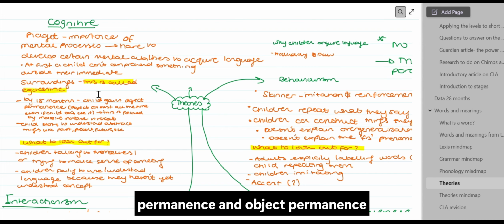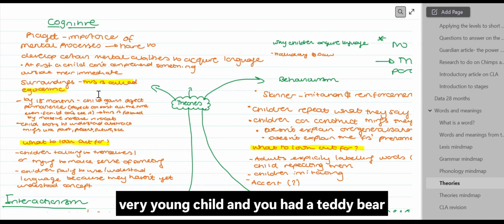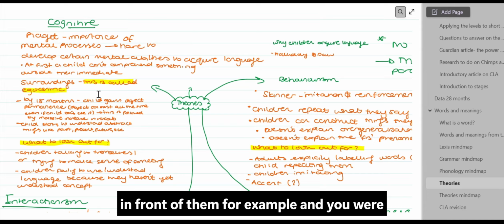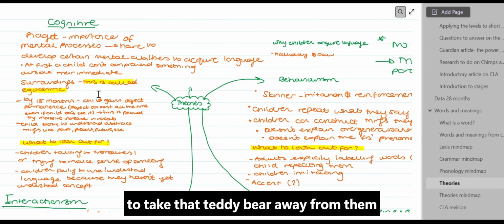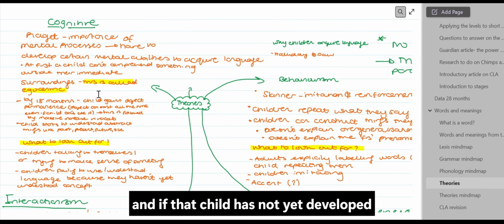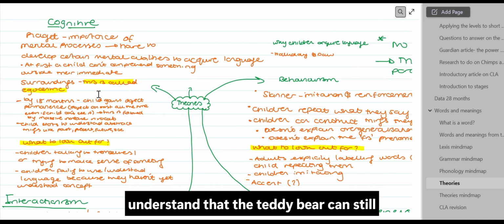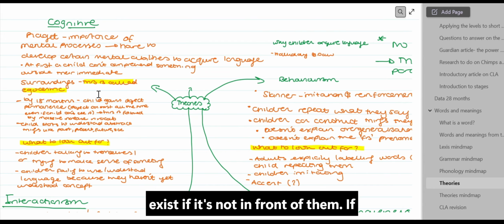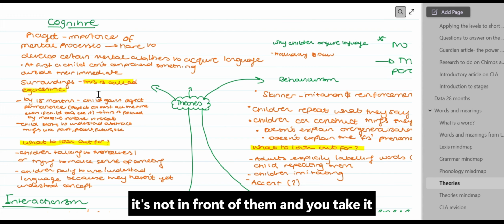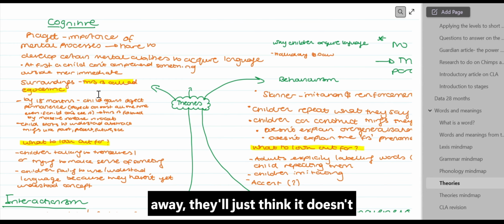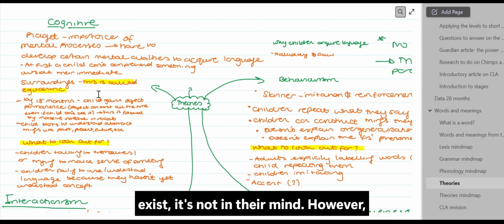And object permanence is the idea that, if you were to have a very young child, and you had a teddy bear in front of them, for example, and you were to take that teddy bear away from them, and that child had not yet developed object permanence, they wouldn't understand that the teddy bear can still exist if it's not in front of them. They'll just think it doesn't exist. It's not in their mind.